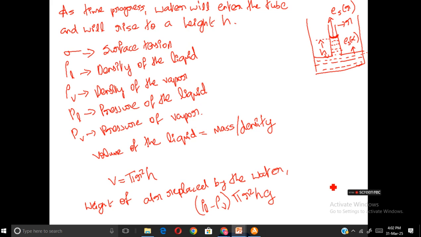Since the density of liquid is very much greater than the density of vapor, we can write it as pi r square h rho L into g.